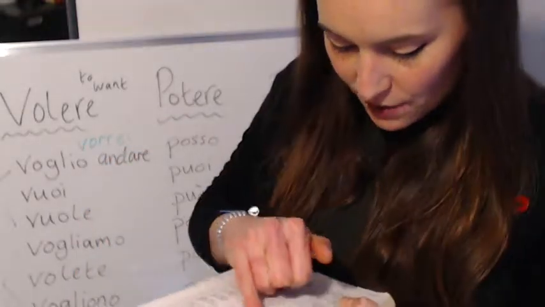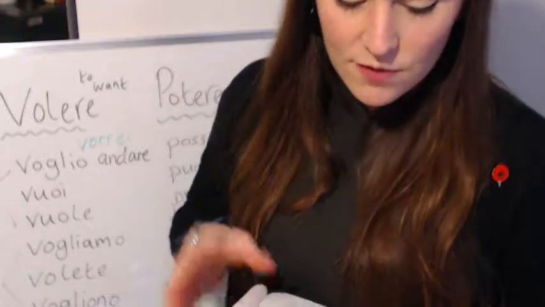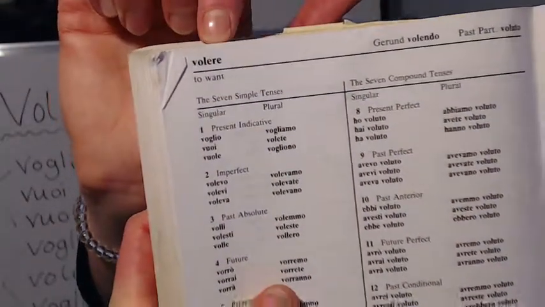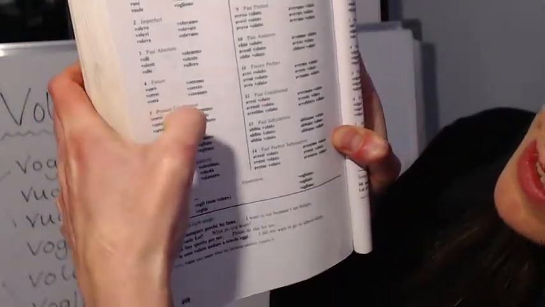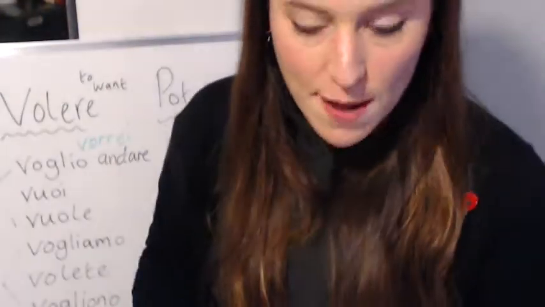Don't worry, non vi preoccupate. These are actually very useful when you're learning. So if I want to know how to say we would like, I go to the verb volere. Here at the top, look, it says to want. Can you see that? To want. And I go to the conditional tense, and I see that the first person plural is vorremmo. Vorremmo.